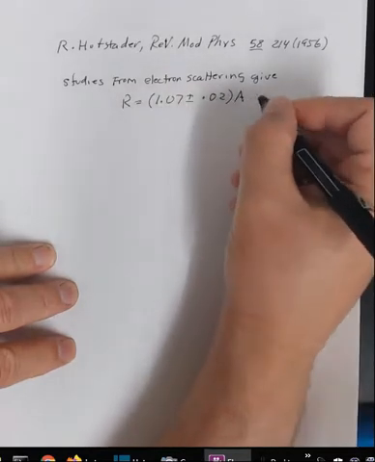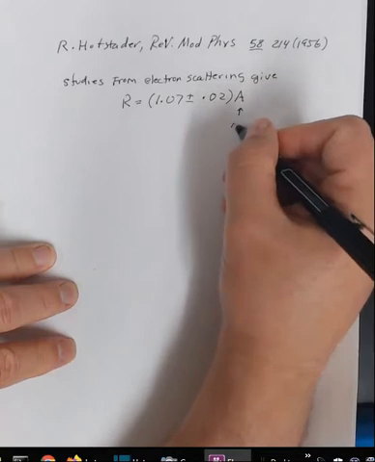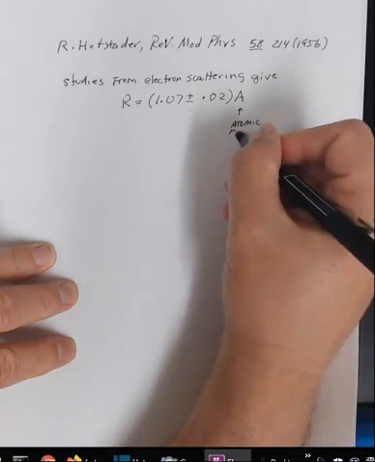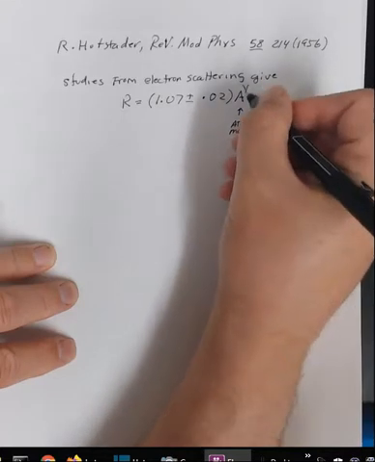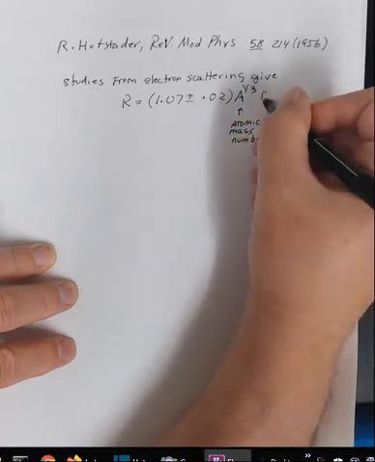And then you take A, which is the atomic mass number, A to the 1/3 power, and the units will be femtometers.